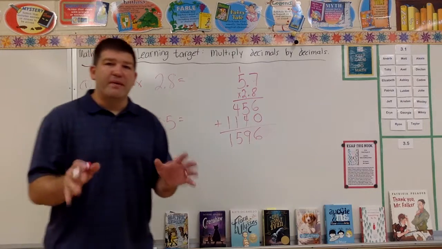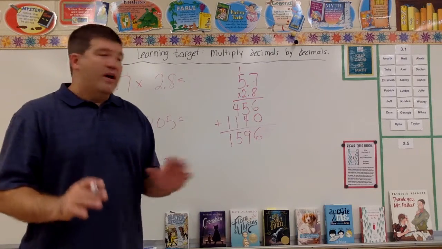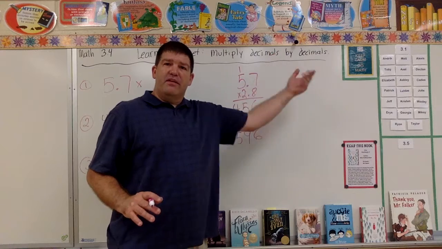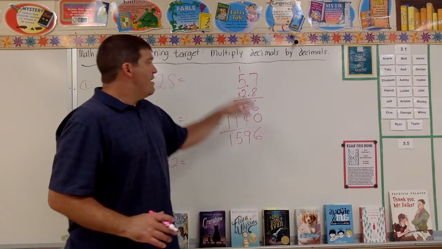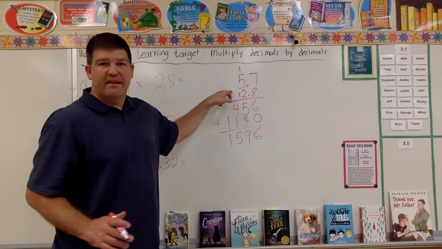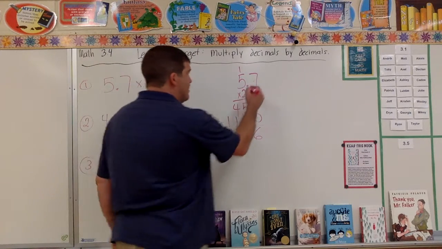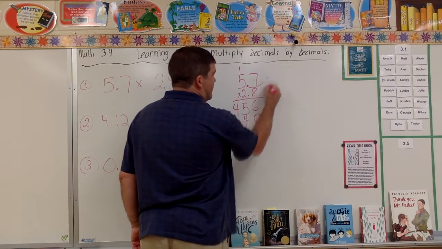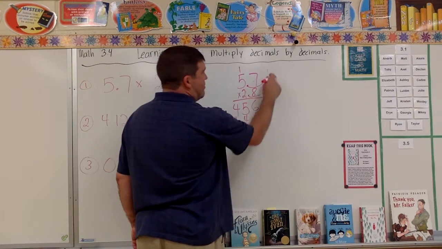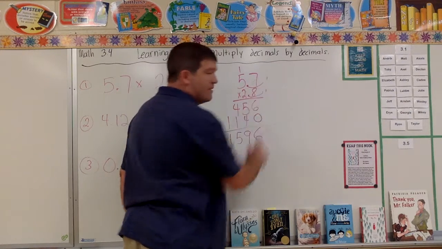Now, I got to go back to my decimals to figure out, I got to move all the decimals out and move them in. Okay? Now, this has a decimal, this has a decimal. I'm moving them both out, and I'm counting as I go. So that moves out 1, and that moves out 1. 1 plus 1 is 2, so I have 2 place values.